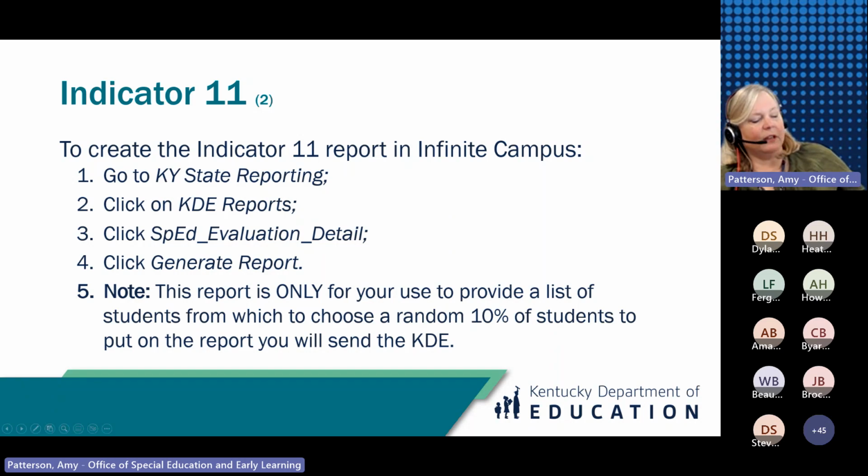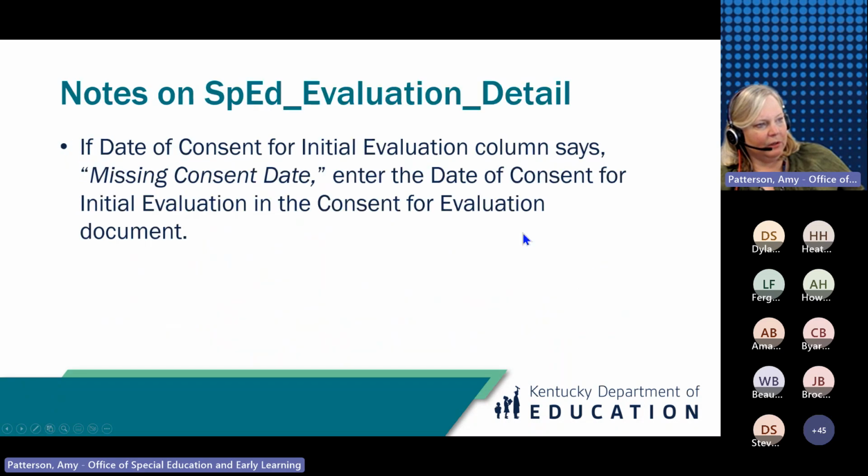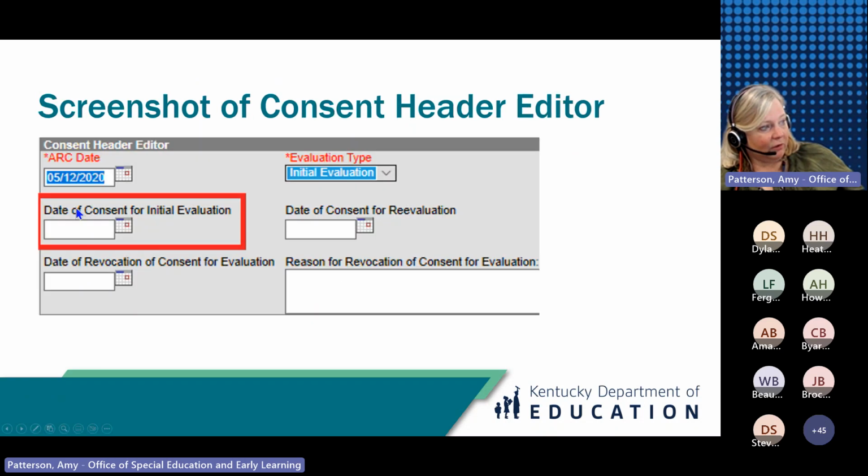So this is a SPED evaluation detail report. Go to Kentucky State Reporting, Katie Reports, SPED evaluation detail, and click Generate Report. Now, some things you want to know about this. If the date of consent for initial evaluation says missing consent date, you need to enter the consent date, and that is right here. That's what this looks like.